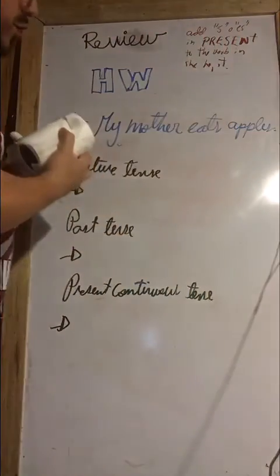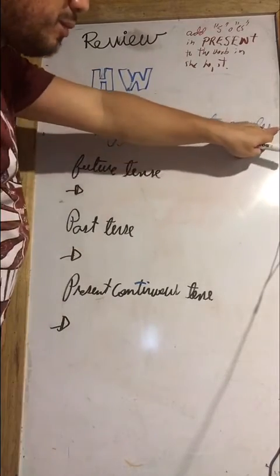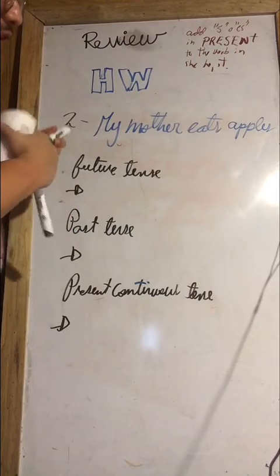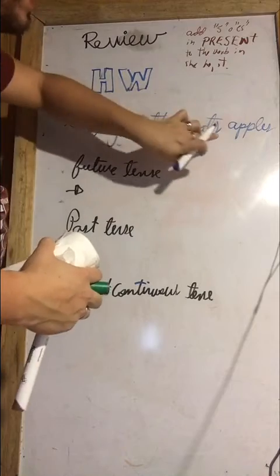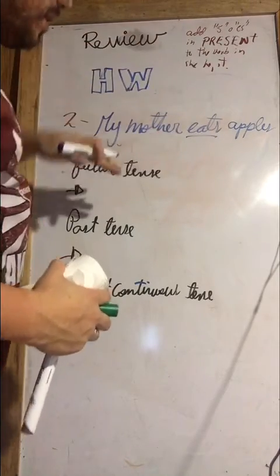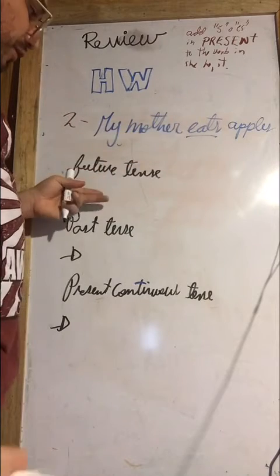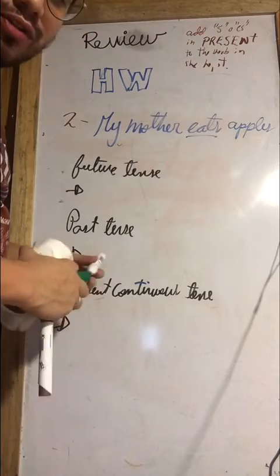That's gonna complicate you. Apples. Okay, so we have in there, my mother eats apples. Remember that in the platform we don't use periods because it confuses the platform. So the thing that we are going to change in here is eats, but because this is in present, we have an S for the present, but for the rest we don't have it. And we are going to use eat for the future will eat, for the past tense ate, and for the present continuous is eating.